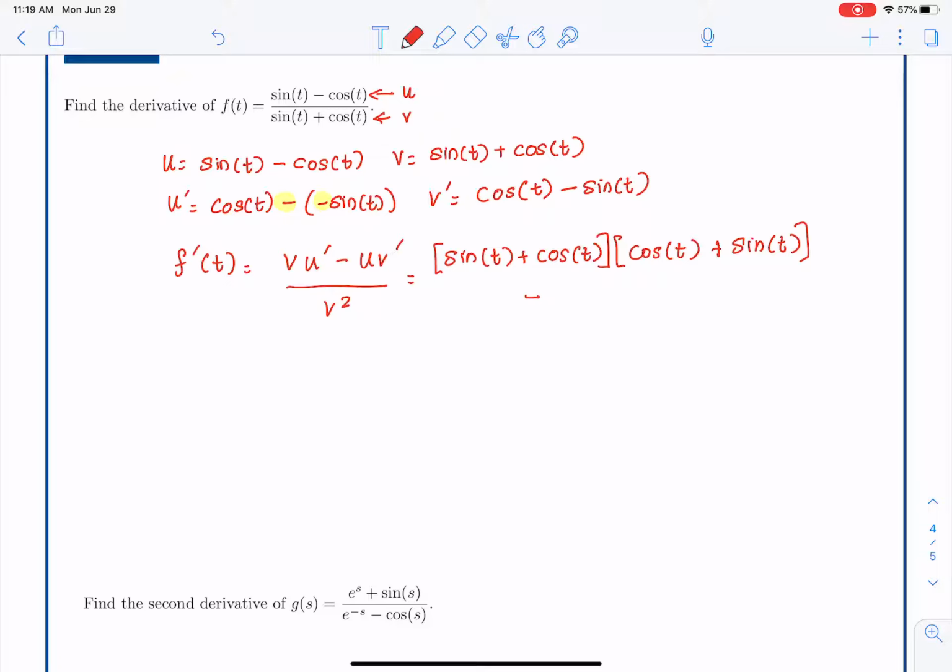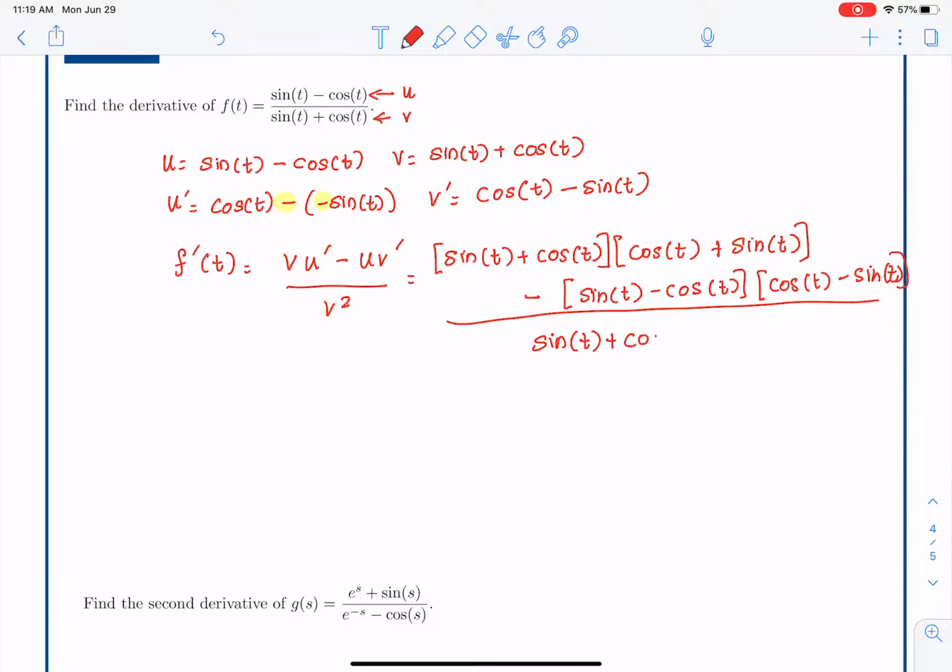Minus u, sine t minus cosine t, multiplied by cosine t minus sine t, divided by sine t plus cosine t, which is v, squared.